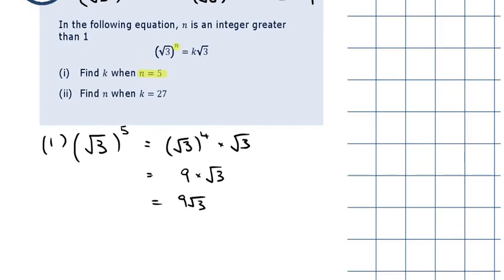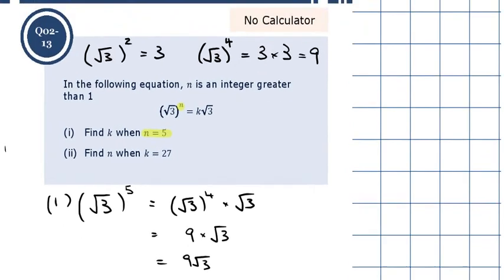It's to just observe and understand that if you have a square root of something and make it to the power of an even number, what you tend to get back is the square of that square root, which gives me back the number 3, whatever's inside that square root.